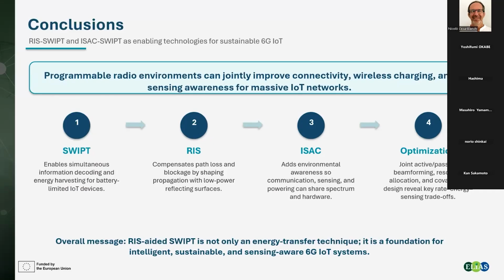And we know we need joint optimization techniques for beamforming, resource allocation, and covariance, and the design should consider the rate-energy-sensing trade-off. So the RIS-SWIPT will not only be an energy transfer technology, it will be intelligent, sustainable, and sensing aware 6G IoT.